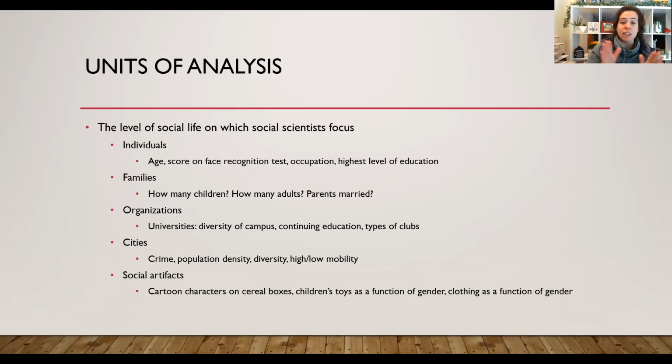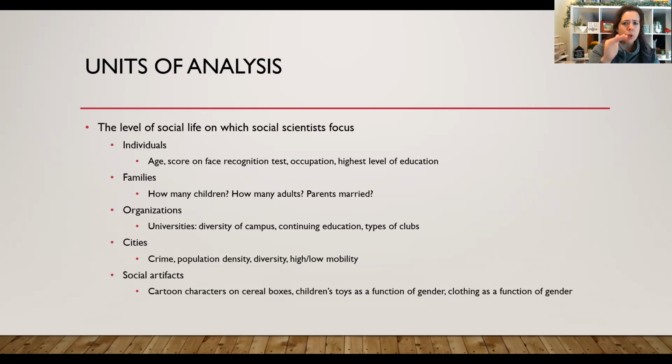And then lastly, going further out would be social artifacts. Those are things that tend to be culturally bound for an entire culture. So knowing cartoon characters on a cereal box, knowing a specific infomercial or commercial that you've seen on TV, what people wear as a function of their gender.